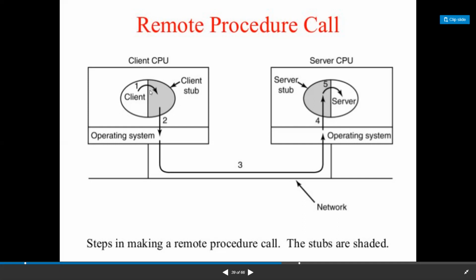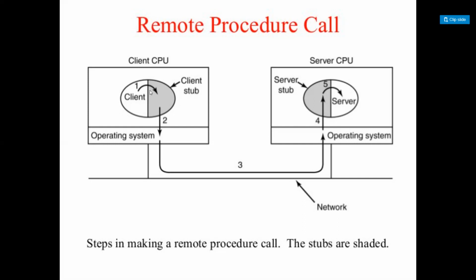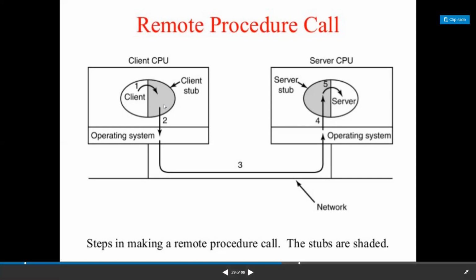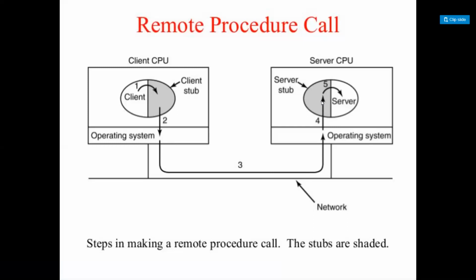The shaded part is the client stub and the shaded part here is the server stub, and we are having five steps here. The first is the client executes the client stub. It goes through the operating system, through the network to the receiver side operating system, to the receiver side server stub, and finally it reaches the server.